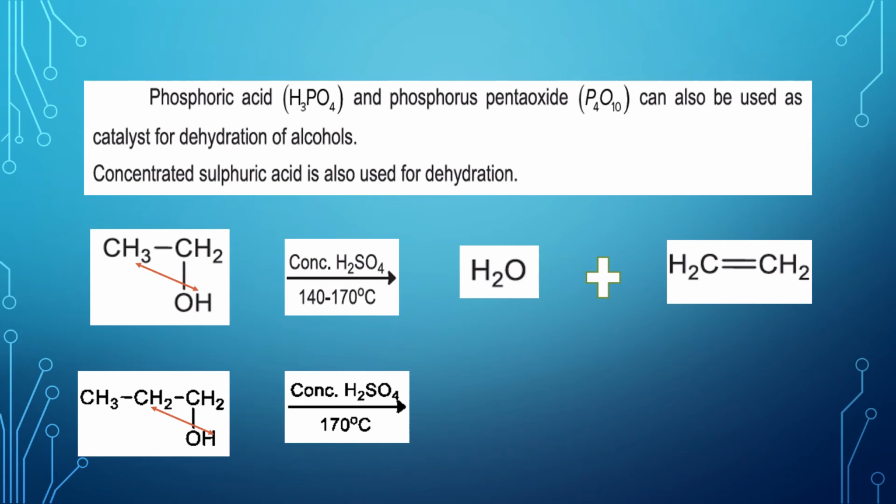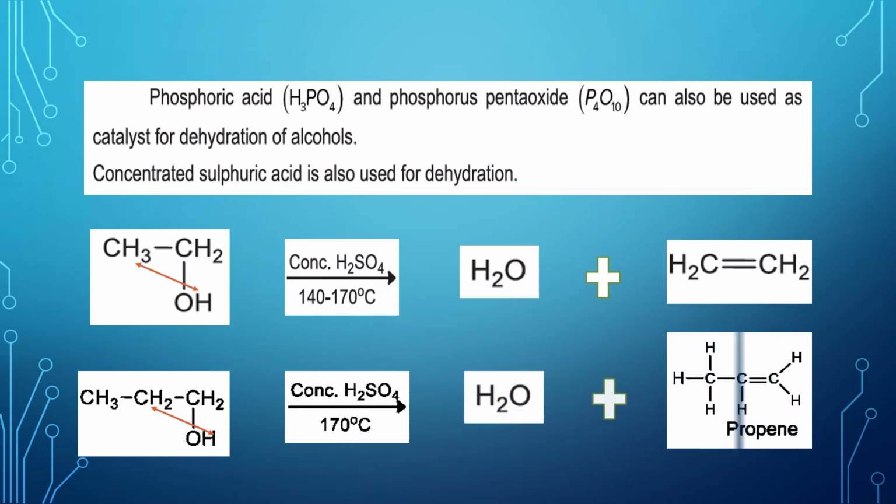You can see hydroxide from one carbon atom, and from the adjacent carbon atom hydrogen is removed in the form of a water molecule, and the remaining product is propene. So a double bond is produced from where the hydroxide and hydrogen are removed.